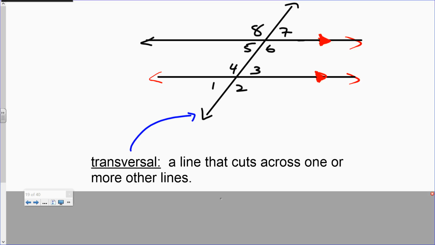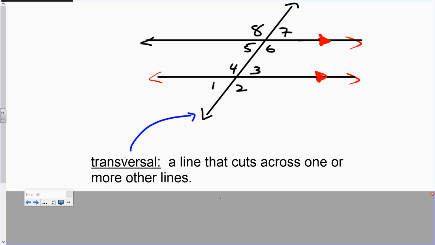And go ahead and quickly define a transversal. It's a line that cuts across one or more other lines. Transversal. Think of the prefix trans, transatlantic airline that goes across something. Transcontinental railroad, the railroad that went from one end of the United States to the other.